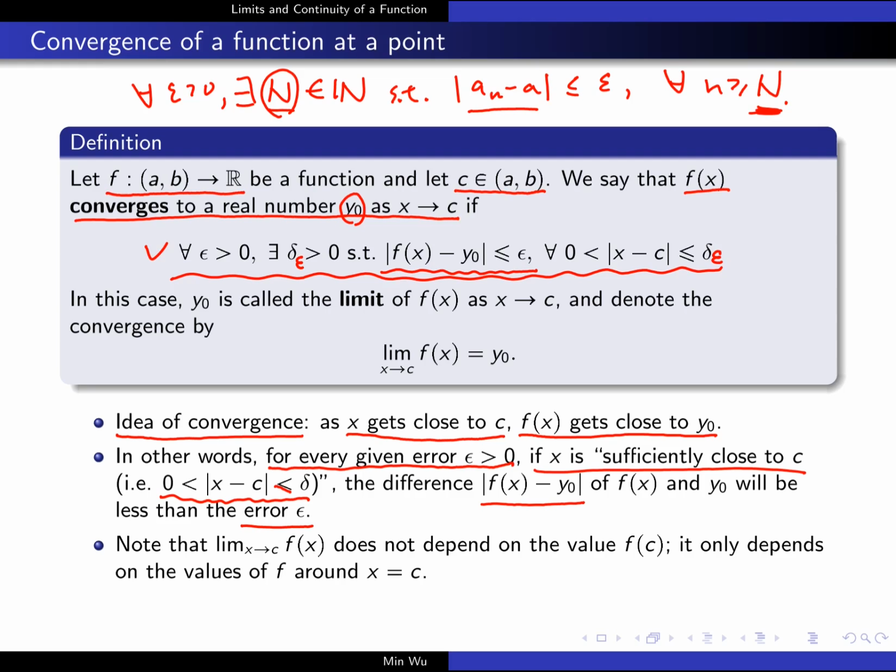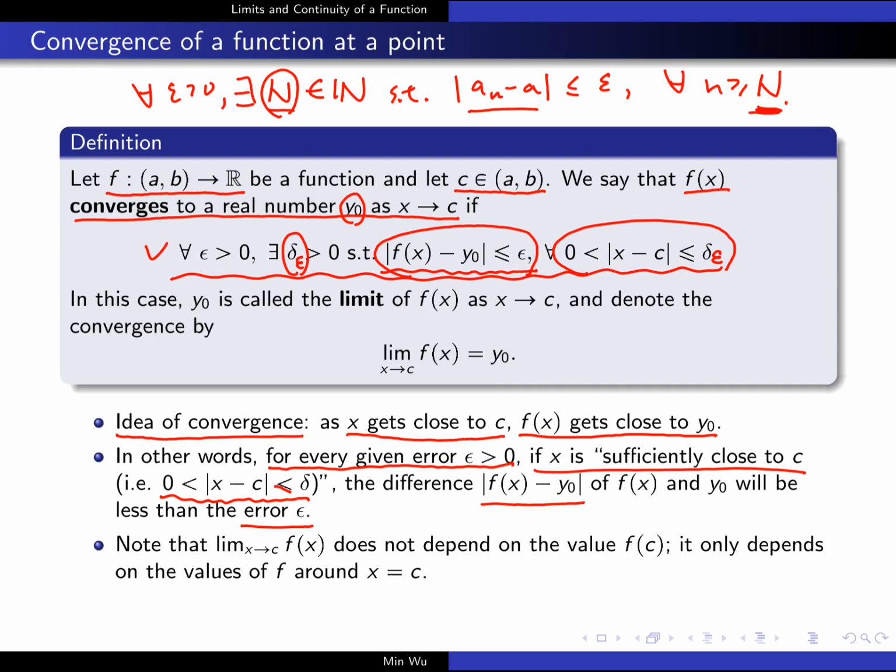And similarly here, we don't have any kind of sufficient index, but we can have sufficient closeness. So the delta_epsilon here indicates how close you should make x to c, so that as long as the distance between x and c is less than or equal to delta_epsilon, the function value and the value that it converges to will have error less than or equal to epsilon.